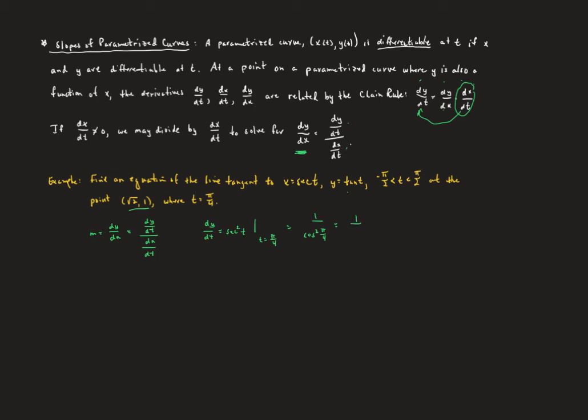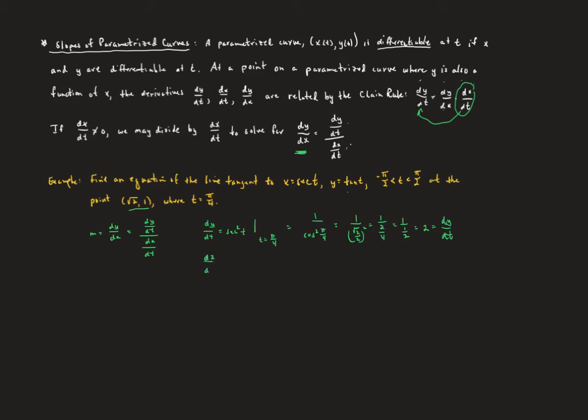And the cosine of pi over 4 is square root of 2 over 2. Squaring that is going to make that 2/4, or 1/2. And to divide by 1/2 is going to be 2. And so that is our dy/dt.